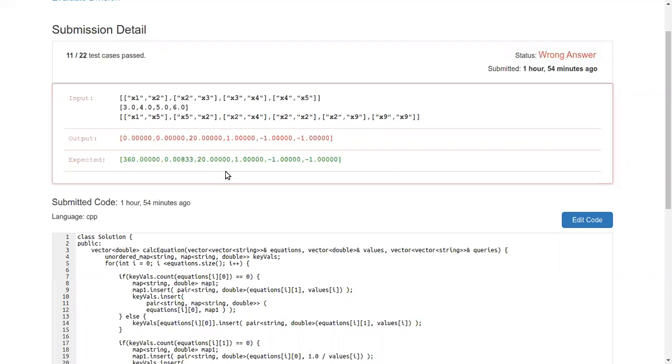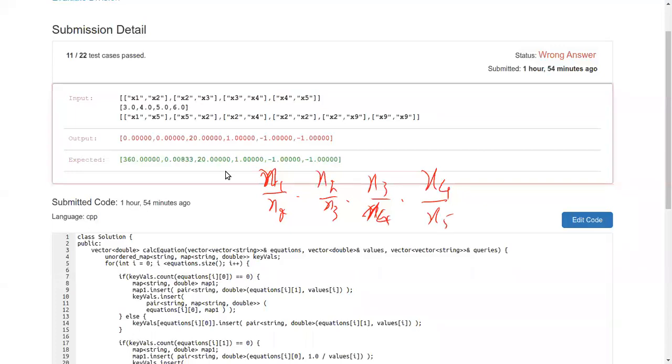So now if you look back into this, that's when it looked like, okay, this is all about transitivity. That means there is some kind of path from x1 to x5. In that case, I'm going to just multiply all of these values, because look at this. What is x1 by x2 times x2 by x3 times x3 by x4 times x4 by x5?